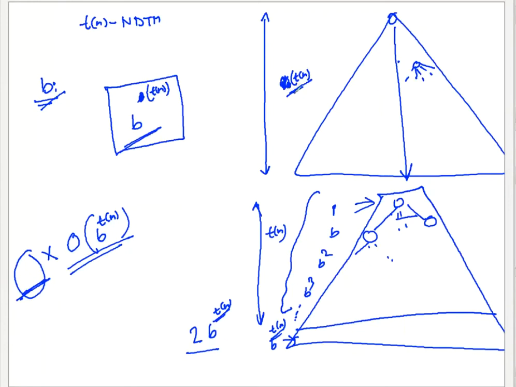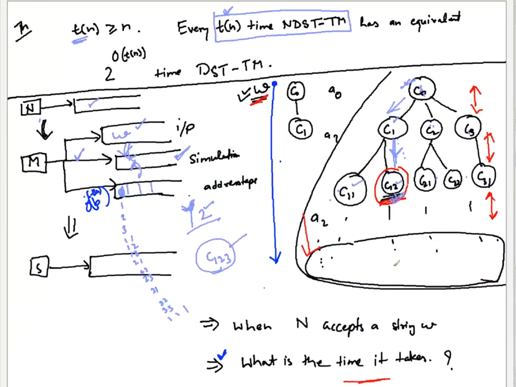You know the depth of the configuration tree is Tn, and once you define an address, your single tape Turing machine follows that address and just goes down that particular branch. So following the address becomes a serial computation. How many steps will it require? At most the depth of the tree, because that is what defines the maximum size of the address.